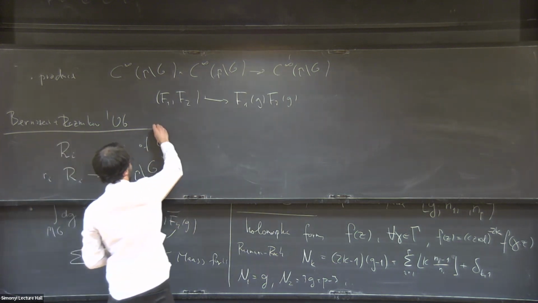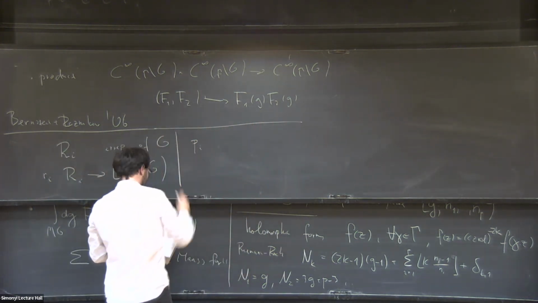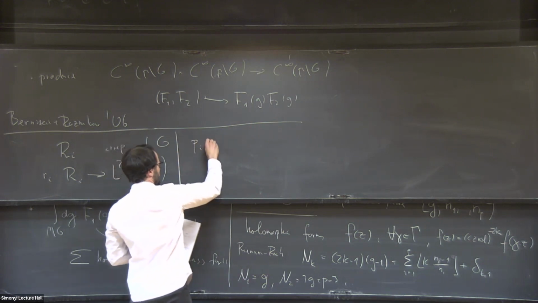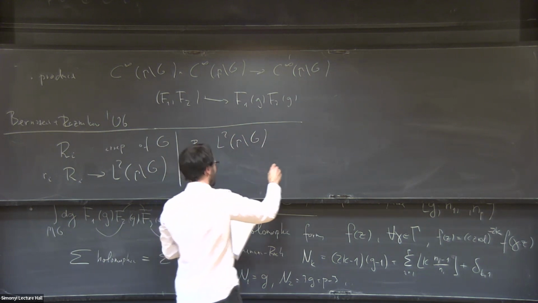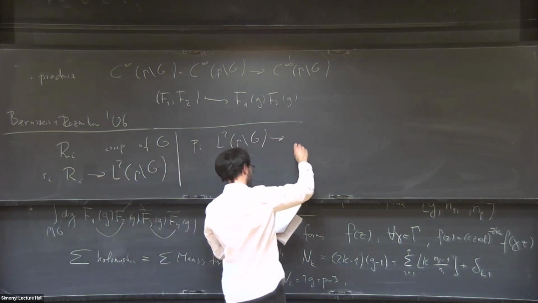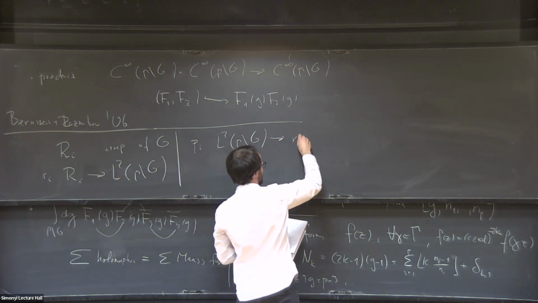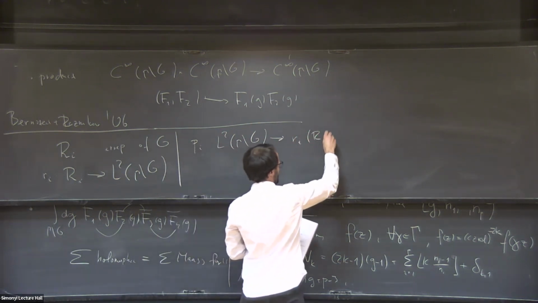And also, let me denote by Pi the projection in the space onto the factor corresponding to Ri, the direct summand. So this is just the orthogonal projection to the image of Ri.